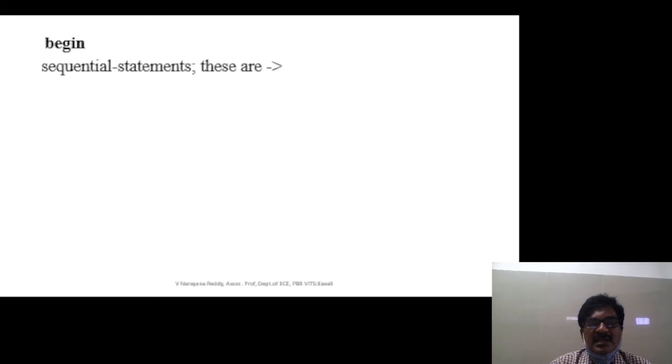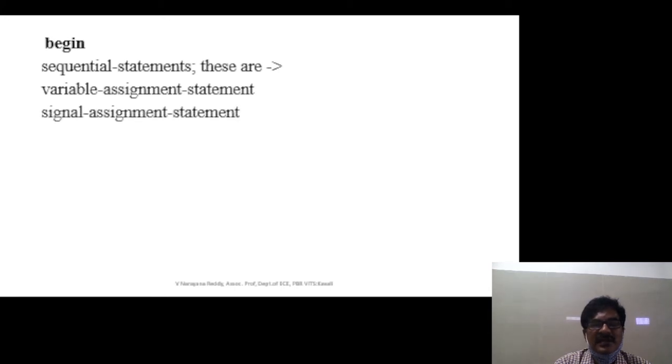Here in the process all the statements are referred to as sequential statements. That means their execution is one after another. But in the architecture body the statements are referred to as concurrent statements. Why? Because their execution is simultaneous. That is the meaning. But what are the different types of sequential statements we can use? Variable assignment statement, signal assignment statement, wait statement, if statement, case statement.